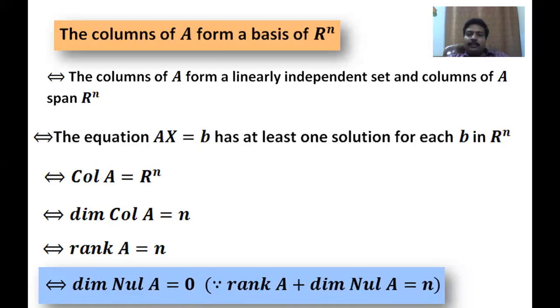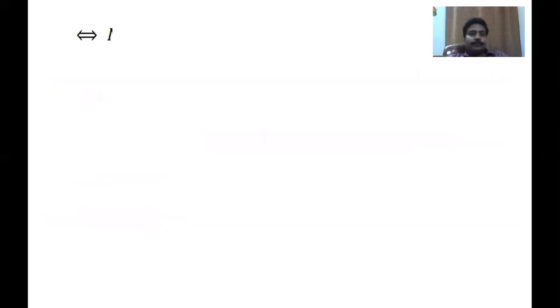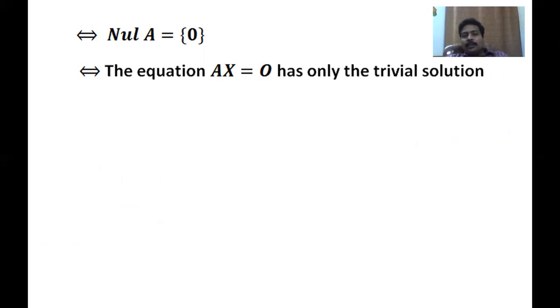When rank A is n, from the rank theorem, which states that rank A plus dimension of null A is n, n plus something is equal to n. That means the dimension of null A is 0. That means there will be only the 0 vector in the null space. So only the 0 vector is in null A. That means there is only the trivial solution.